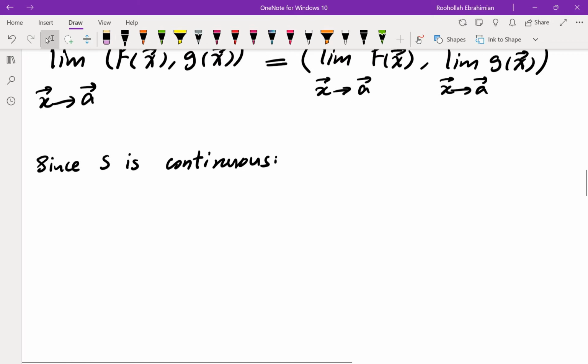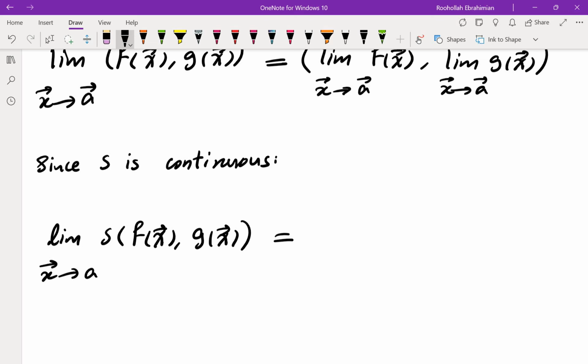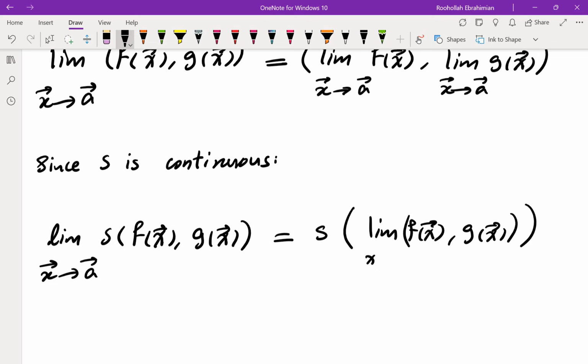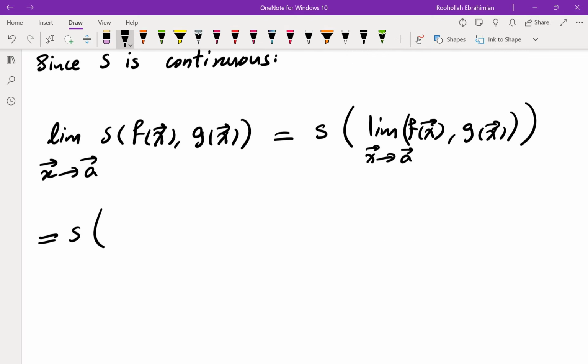when you take the limit of S of f of x comma g of x as x approaches a, you get S of the limit of f of x comma the limit of g of x, as x approaches a.